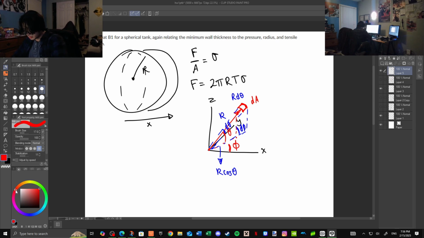And so putting all those together, you can get the equation r cosine theta times r d theta times d phi. We can simplify this a little more: r squared times cosine theta d theta times d phi.